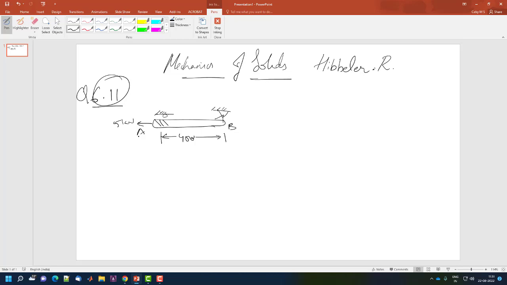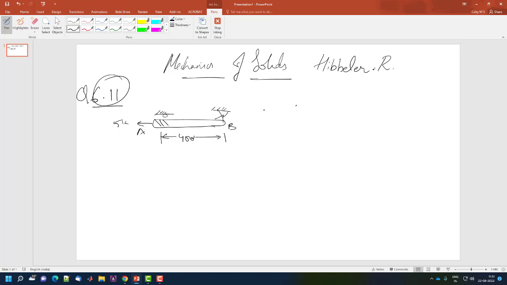So how do we tackle this problem? In order to tackle this problem, we need to first make free body diagrams. Okay, free body diagrams, obviously.